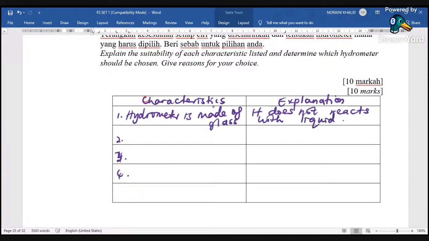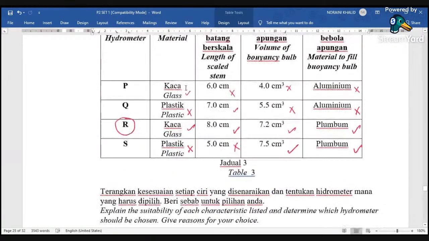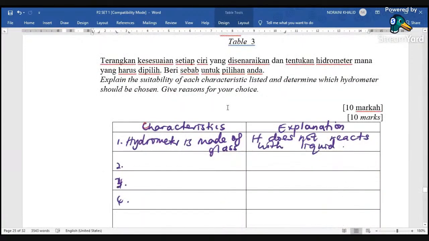Okay, withstand corrosion. Okay, you can write down. And then the second one, the second column, length of scale stem. Length of scale stem is longer.